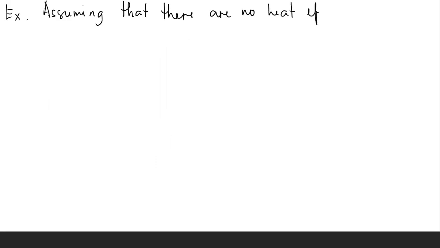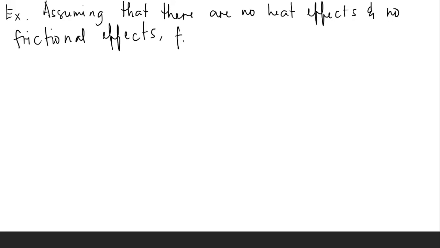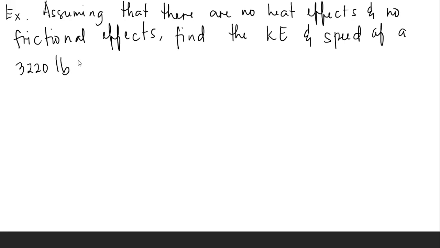Example. This one is from the book of Santa Maria, Thermodynamics by Santa Maria. Assuming that there are no heat effects, no frictional effects, find the kinetic energy and speed of a 3,220 pound body.